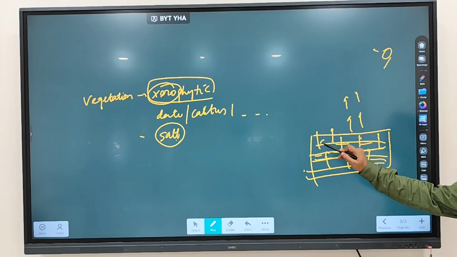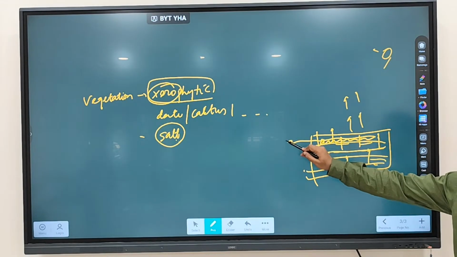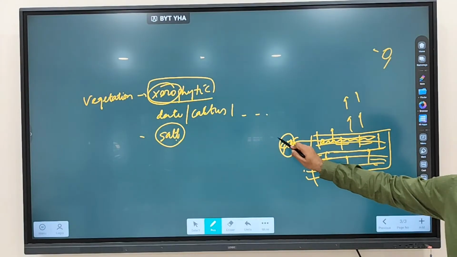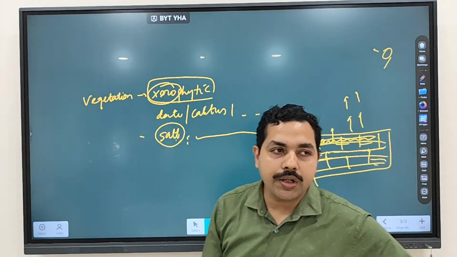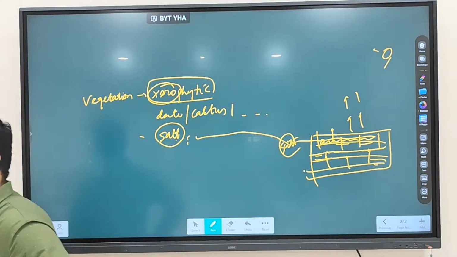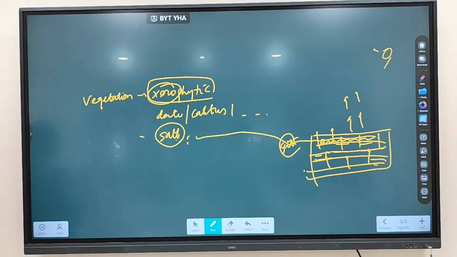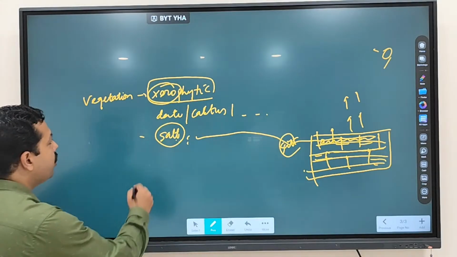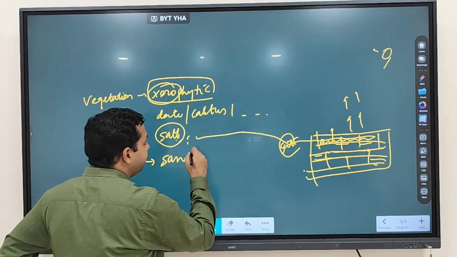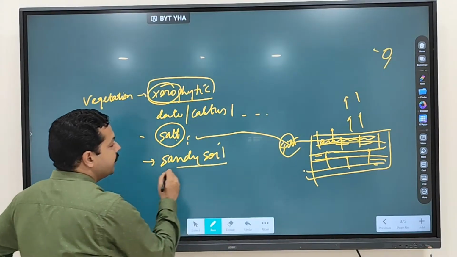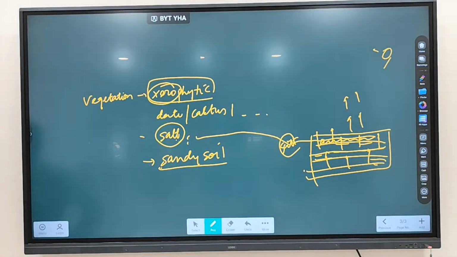When evaporation takes place, what will be left behind? Salt is going to be left behind. So you might find a high concentration of salt in this region, which is not very suitable for cultivation. Also, desert contains sandy soil, which is not very good for holding moisture. That is a problem you find in desert regions.